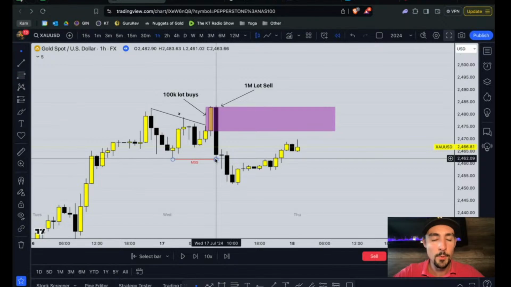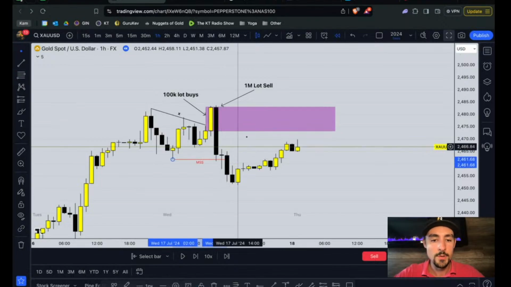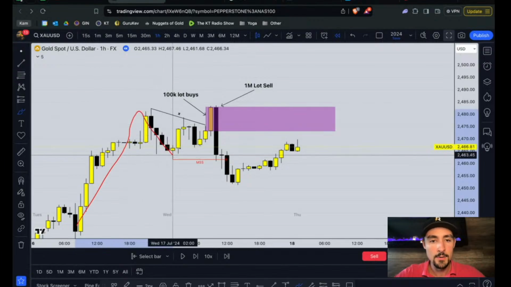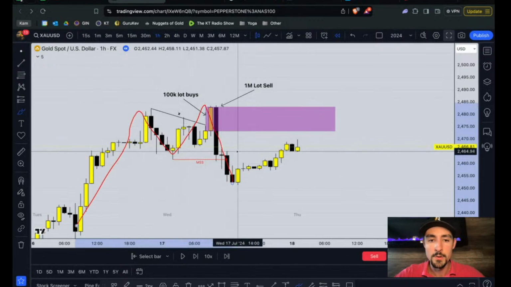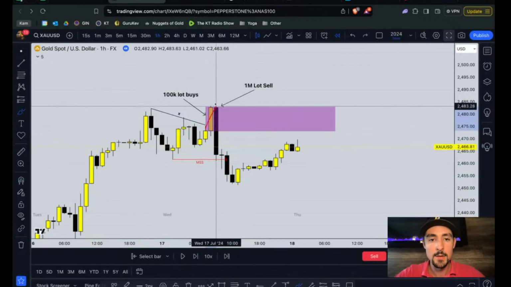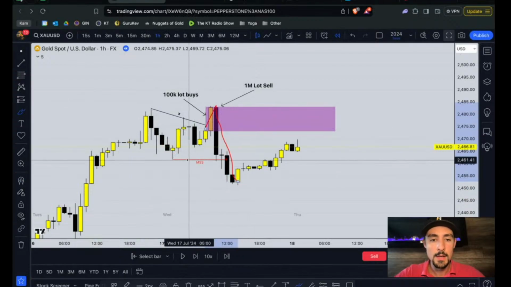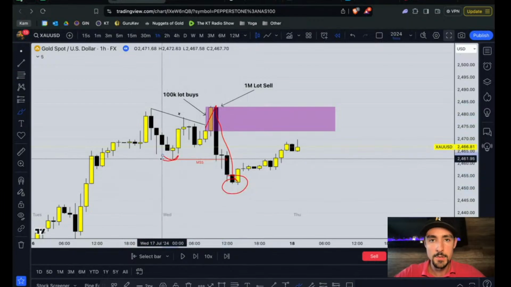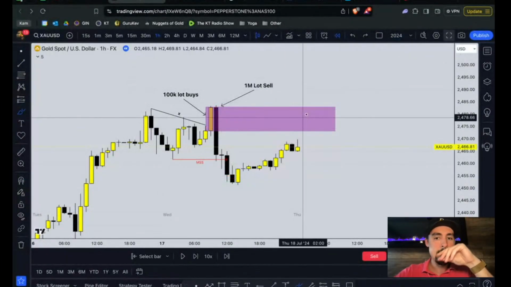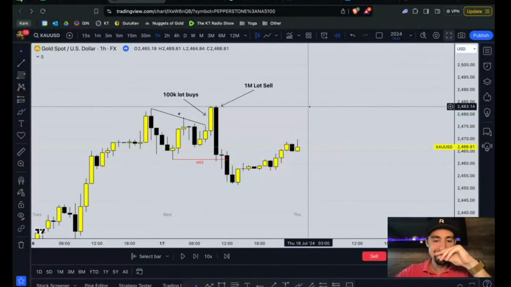And then also importantly, we see a market structure shift. Okay, we went from a bullish environment where price is creating higher highs and higher lows to a market structure shift. Price just came and created a lower low. All right, so we have an order block, last up candle prior to the down move. And that down move, the low that we created, was a lower low, allowing for a market structure shift. Okay, or a reversal.